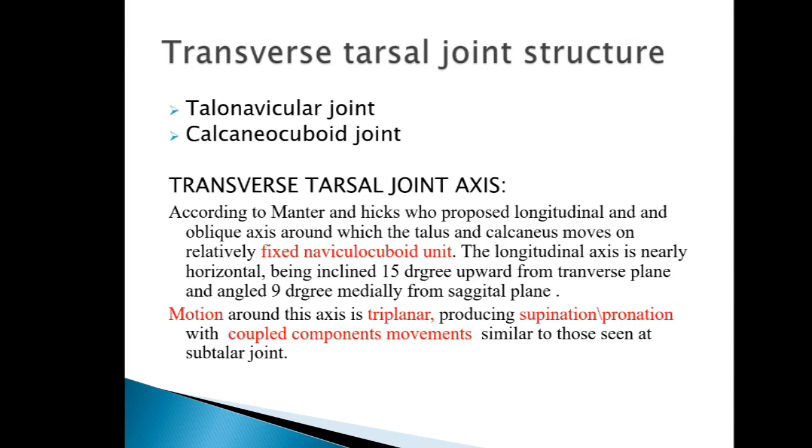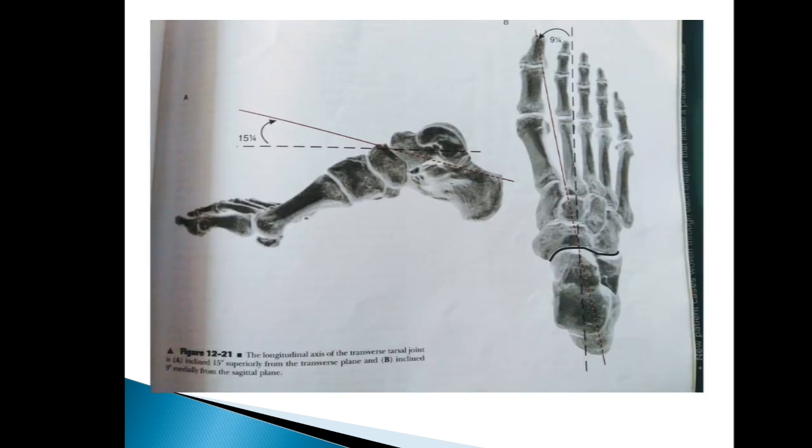So we have the talonavicular joint and the calcaneocuboid joint. Usually the motion around the axis is triplanar, which produces supination and pronation as coupled component movements. We can see the longitudinal axis of the transverse tarsal joint is inclined 15 degrees superiorly from the transverse plane and inclined 9 degrees from the sagittal plane.